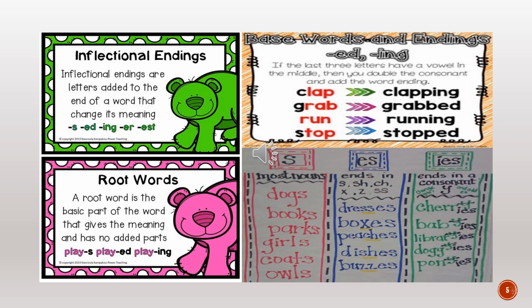And then the last part is going to be words ending in a consonant plus Y. If it's a word like cherry, ending in a consonant and Y, you're going to change the Y to I, and then you are going to add ES. So don't forget about this and keep this in your mind.